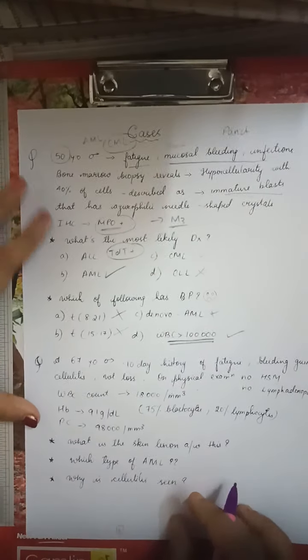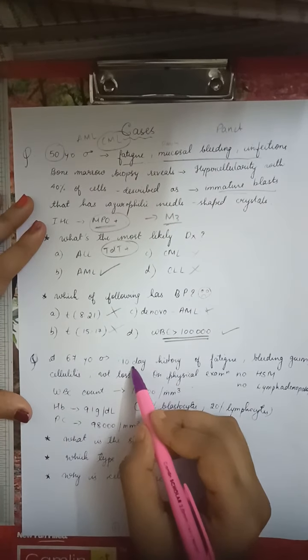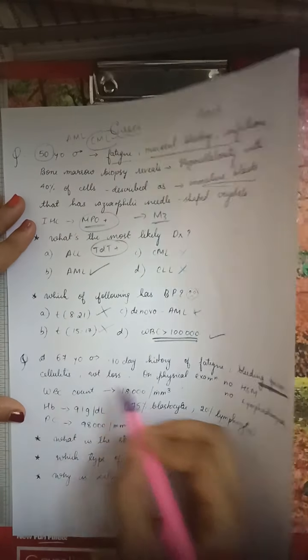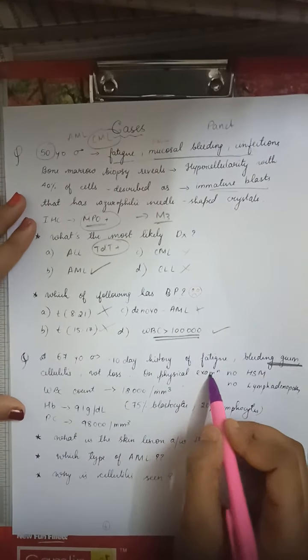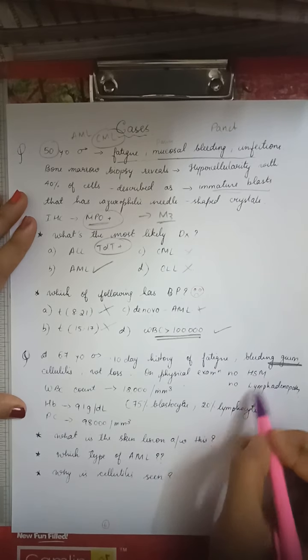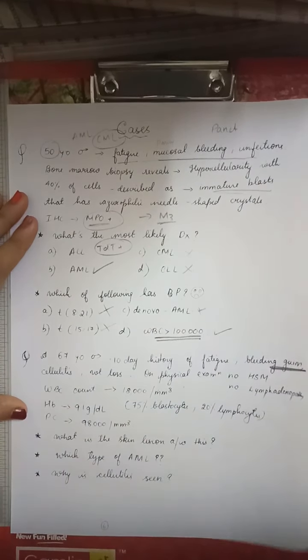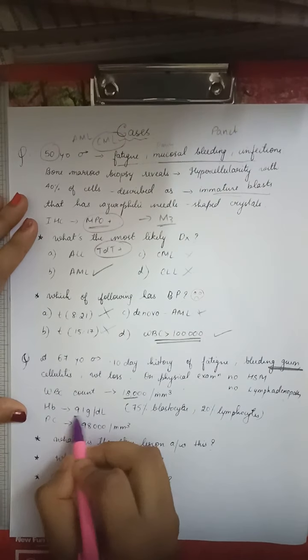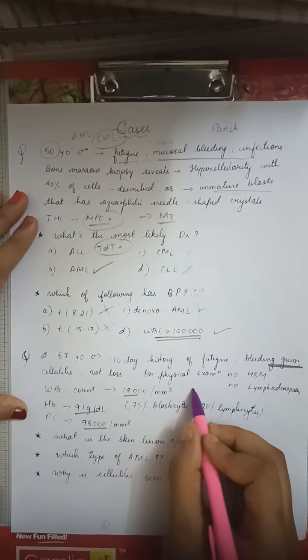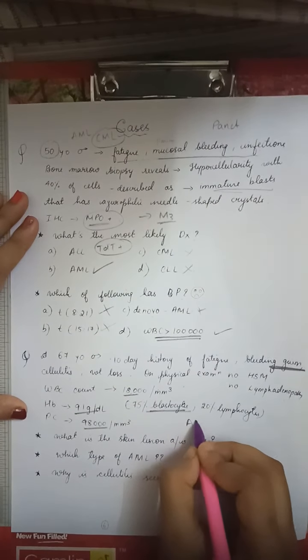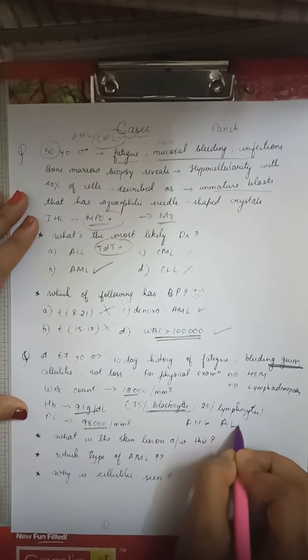Now one more: a 67-year-old with a 10-day history of fatigue, then bleeding gum, cellulitis, weight loss. On physical examination there was no hepatosplenomegaly or lymphadenopathy. In the findings, the main thing is decreased hemoglobin and platelets, and in the count blasts have increased. So again it should be either AML or ALL.